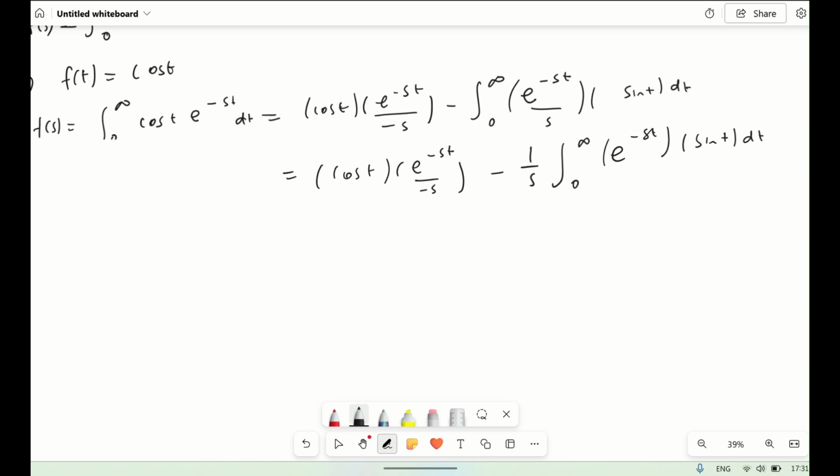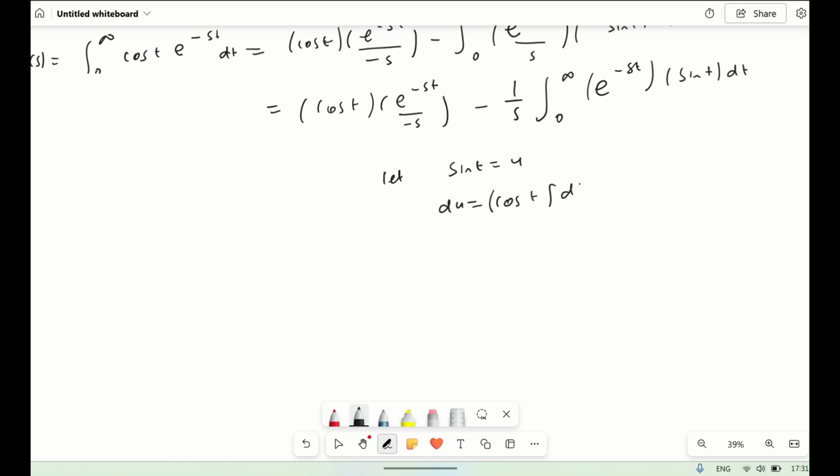See, now I have to do the same thing that I did. I'm letting my u be sine t, therefore du is equal to cos t dt, right? And our dv is equal to e to the negative st dt.